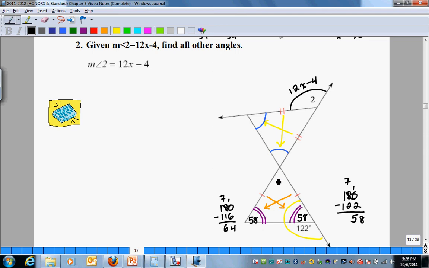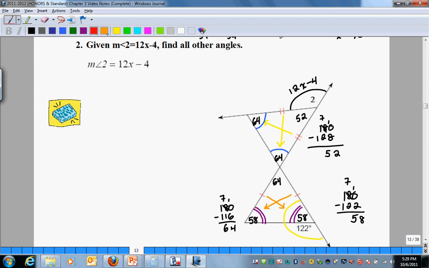And I get 64. And here I have vertical angles, so this is 64. That's 64. And I add 64 plus 64, I get 128. Take it away from 180. And I get 52 degrees.